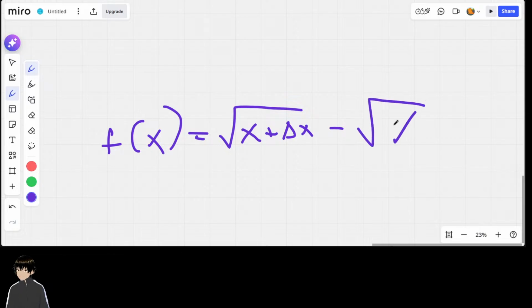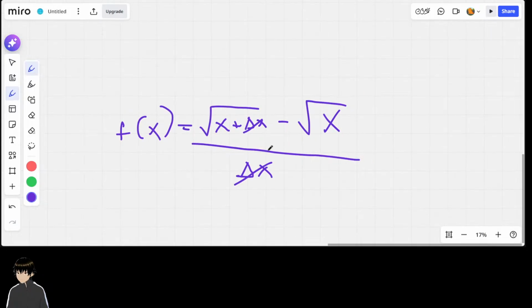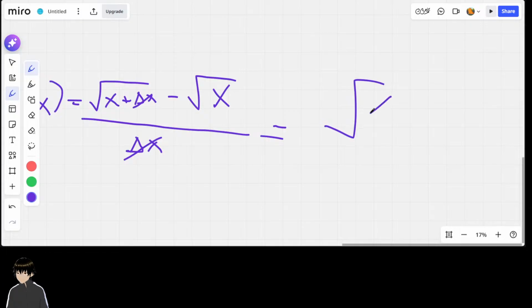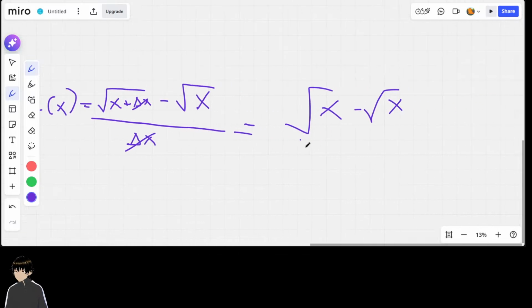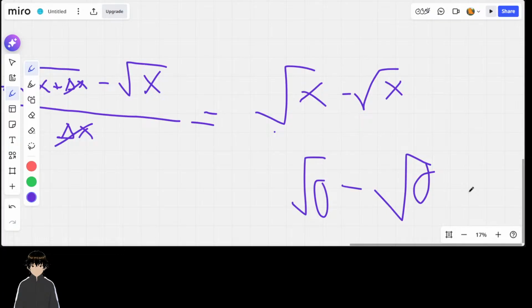Minus x, and then we got this for x, and then we have x minus x, and then change is 0 minus 0. I think that's it.